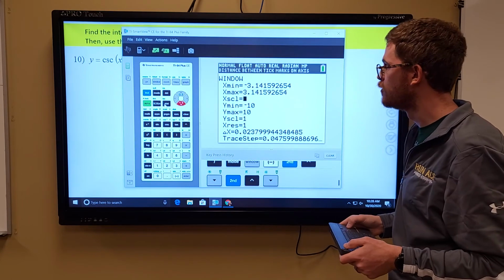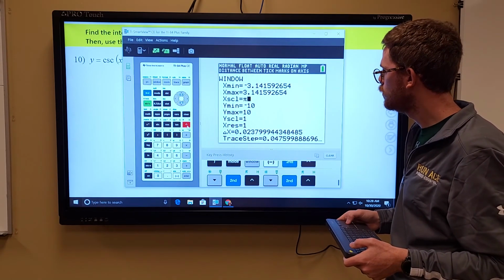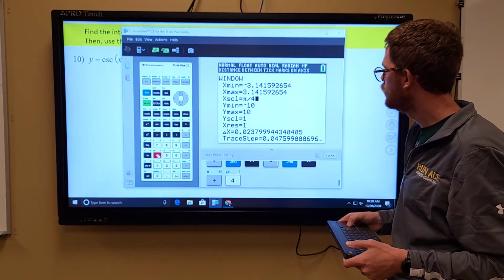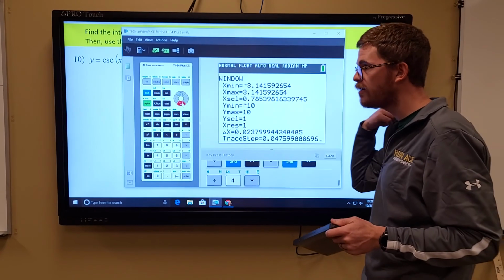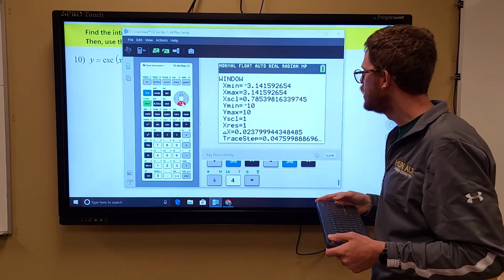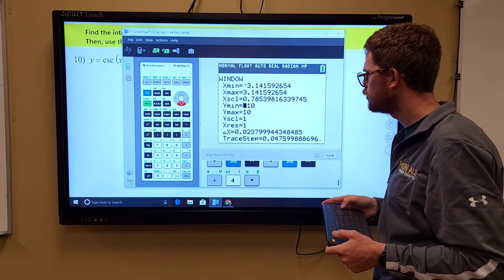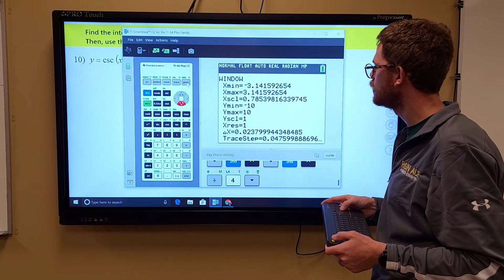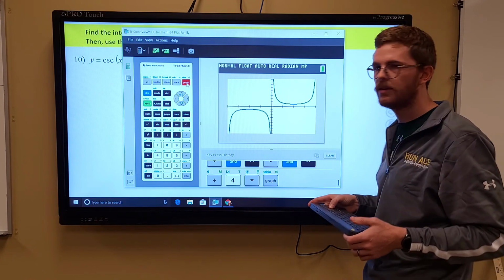Let's count by pi over 4s. It's a good interval for us. Our lowest y value, negative 10 to positive 10, that might be a little stretchy. Let's just see what that looks like. Okay, that does it fine.